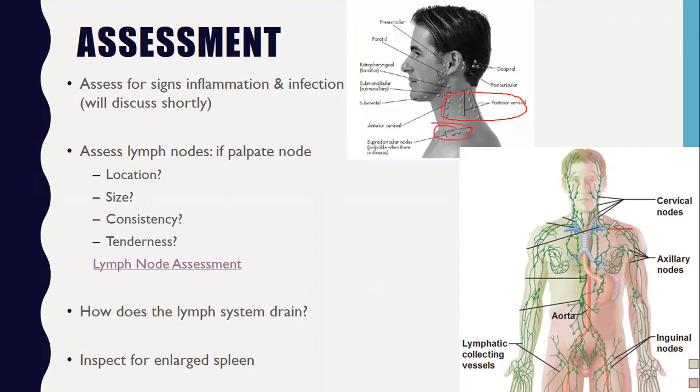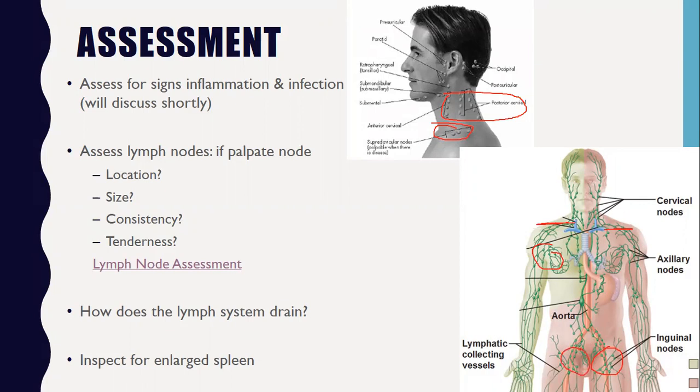That's going to be these right here. We've got axillary and inguinal. Axillary being in the axillary region, and then inguinal down here in the groin area.